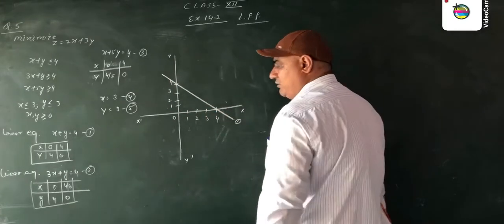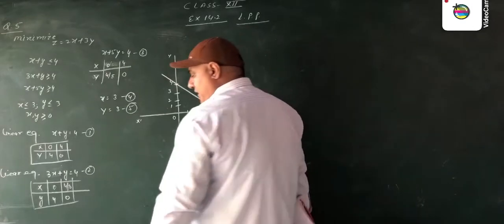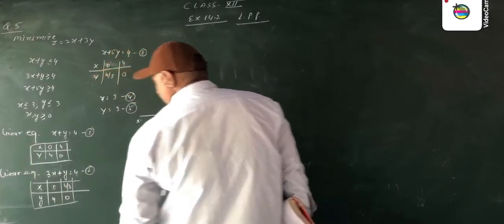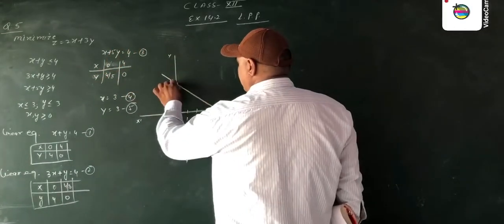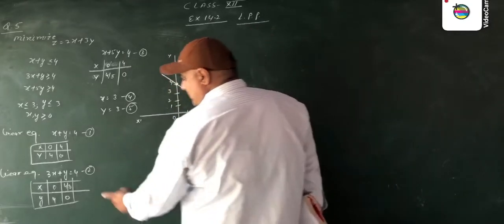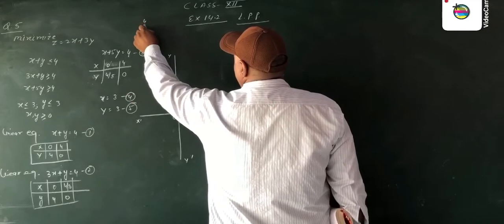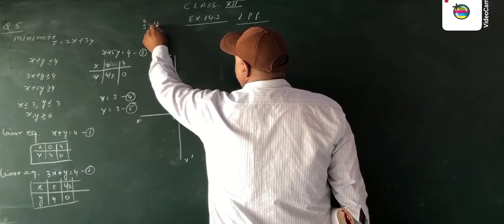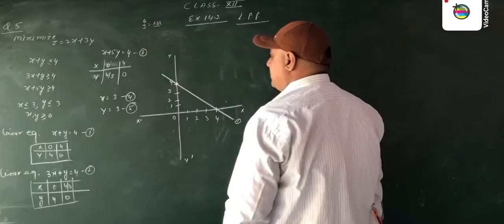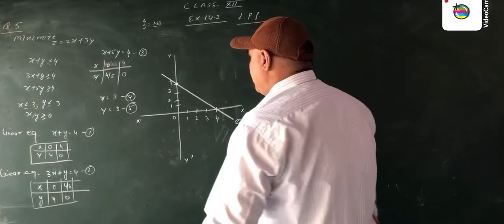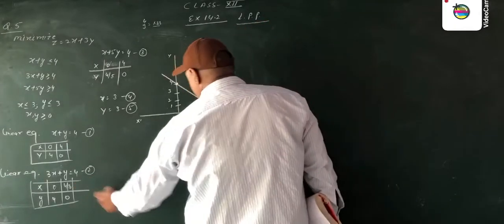We write it 1. Now in the second, x = 0, y = 4, so this is your 4. And this is 4 upon 3. 4 by 3 means 1.33, so we take the value 1.3.